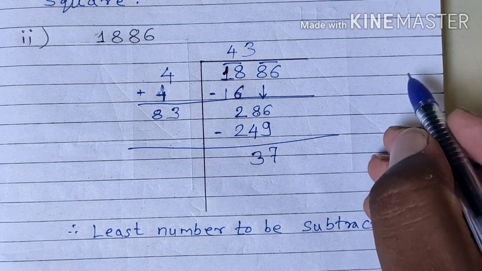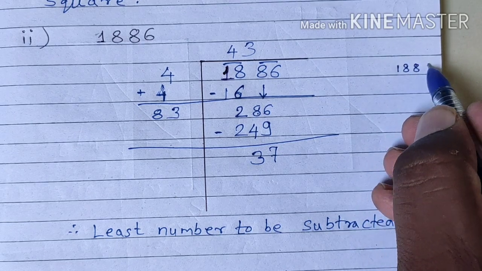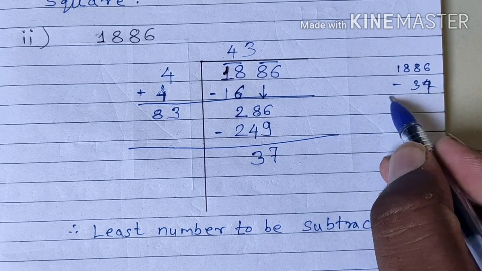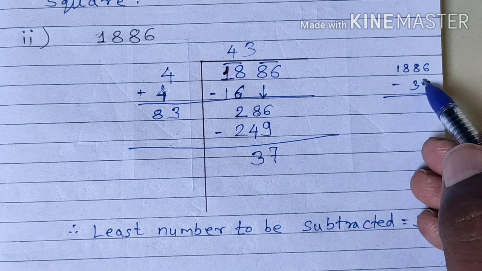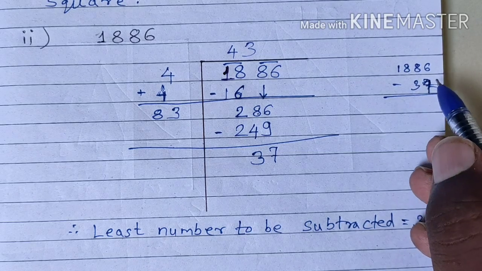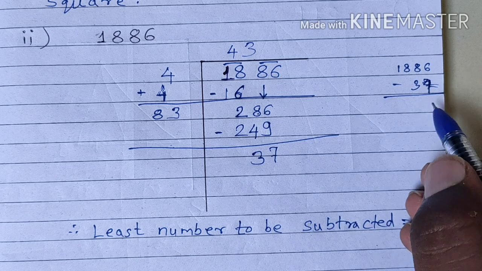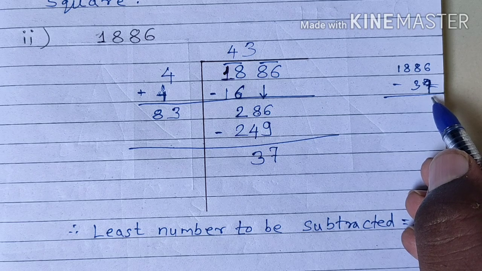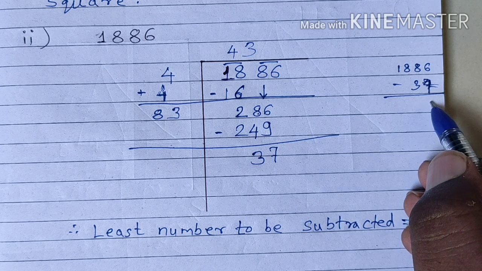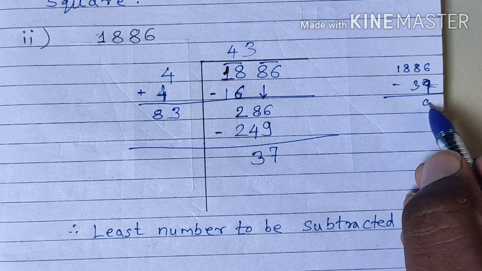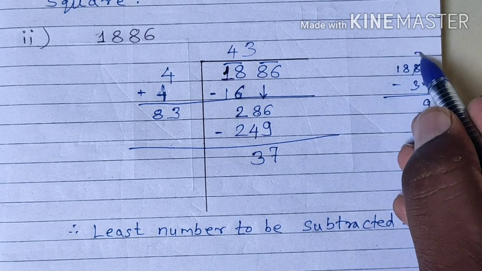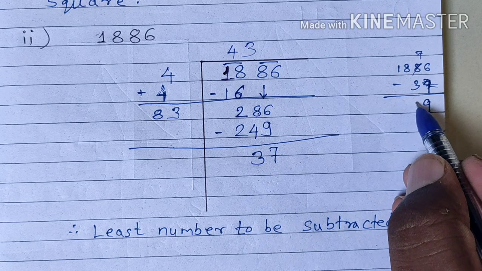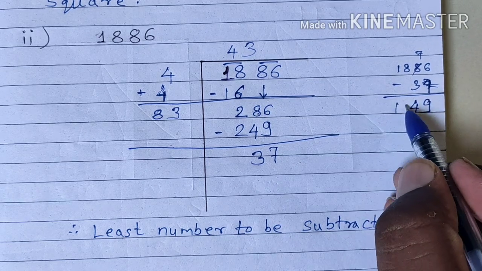If we subtract 37 from 1886, then what are we getting? 16 minus 7 is 9, then 7 minus 3 is 4, and 18.